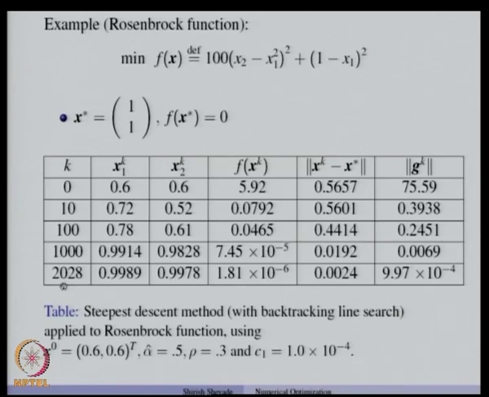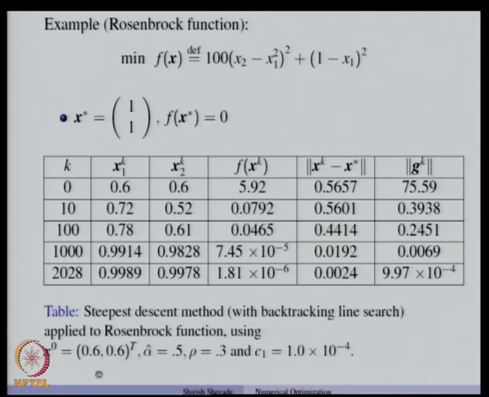So, the steepest descent algorithm in this case required about 2000 iterations to go to the minimum of this Rosenbrock function starting from 0.6, 0.6, and every time you would see that the function value has been decreasing in a consistent way, although the rate of decrease could be very small, but there has been a consistent decrease in the objective function, and the distance from xk to x star also comes down at a reasonable rate.